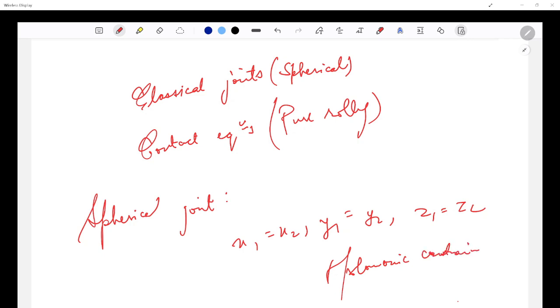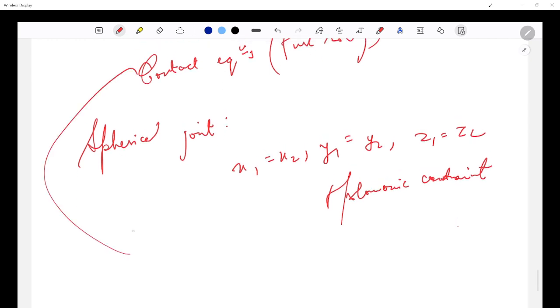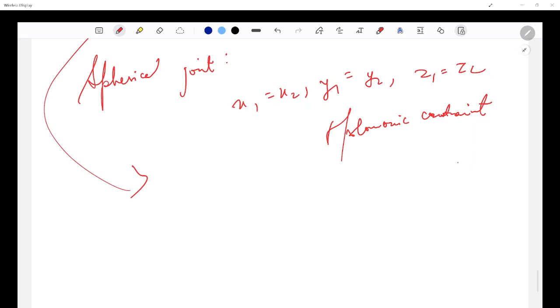These are algebraic equations, so they are holonomic constraints. Now, in contact equations for pure rolling, they relate u1 dot, v1 dot, u2 dot, v2 dot, and psi dot. These are velocity constraints. They are differential equations and not algebraic equations, and they are non-holonomic.